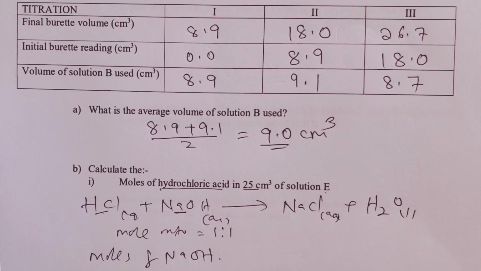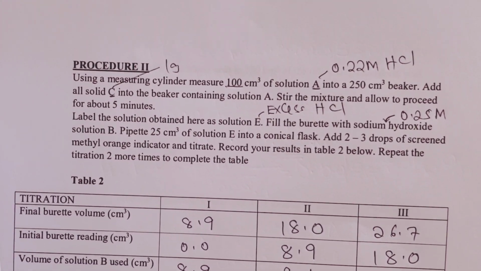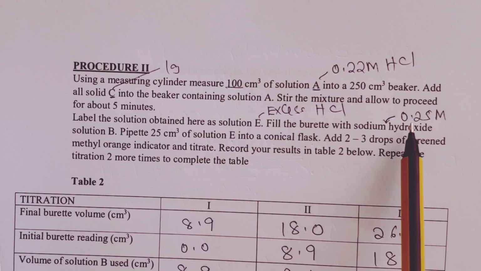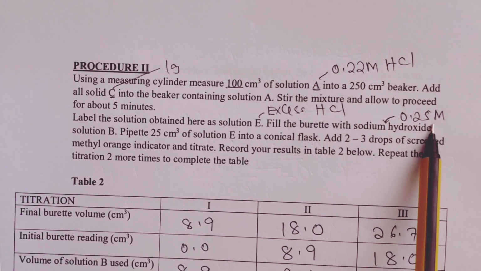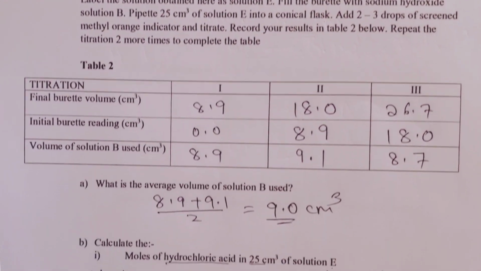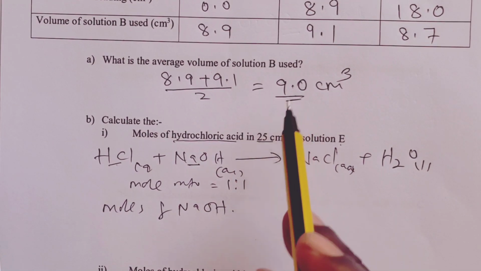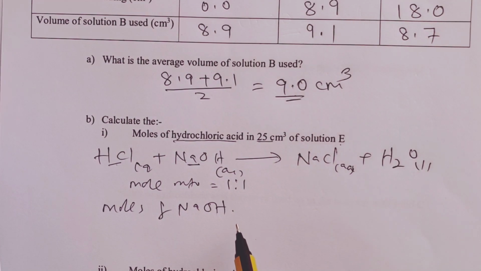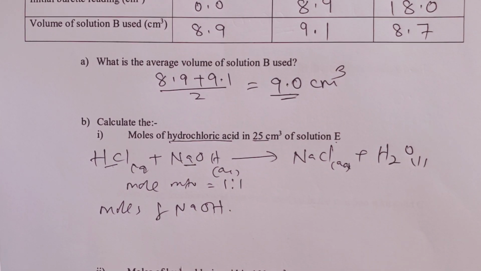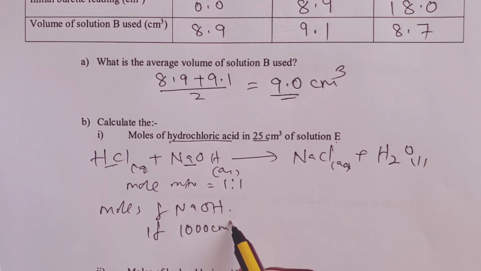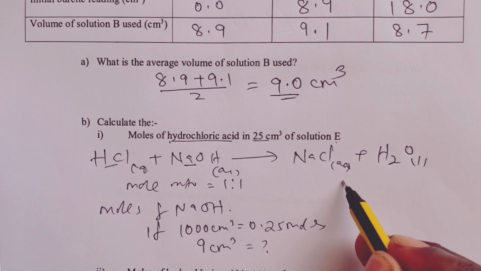Sodium hydroxide, from the information we have up here, was a 0.25 molar solution. But we only used 9 cubic centimeters of the same. That information is enough to give us moles of it that reacted. So we shall argue that if a liter contains 0.25 moles, what about 9 cubic centimeters that we used during our titration?